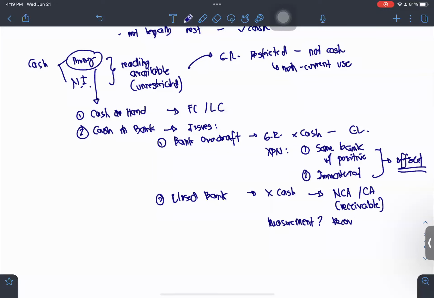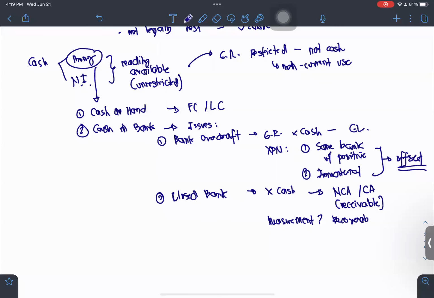We measure it at your recoverable value or NRV. Then as to whether it is current or non-current, it depends whether you can collect it within 1 year or not within 1 year.